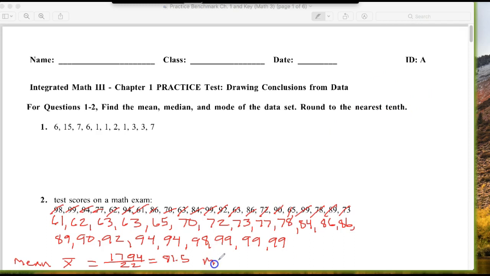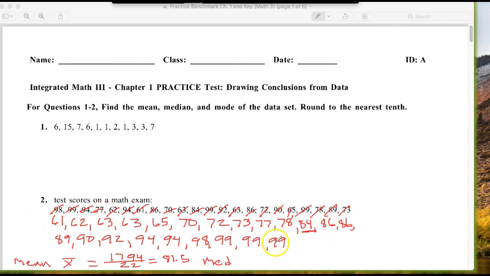The median, or the middle: there are 22 values. Since it's even, you're going to go to 11 on both sides. So if I go 1, 2, 3, 4, 5, 6, 7, 8, 9, 10, 11, this is my 11th value coming from the beginning.